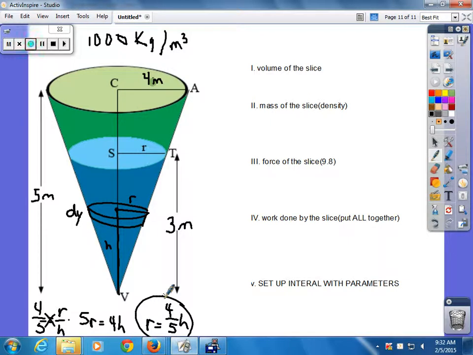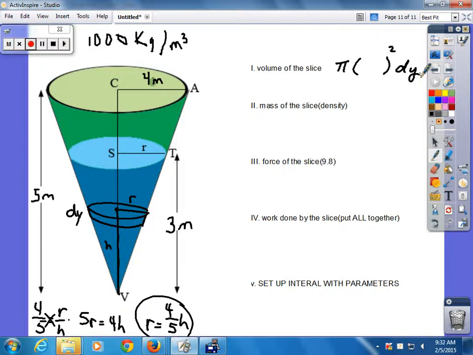Now that H, of course, is going to be 5 minus y. So the volume of the slice is going to be pi R squared H, and H is dy. So the volume of the slice is pi R squared dy.